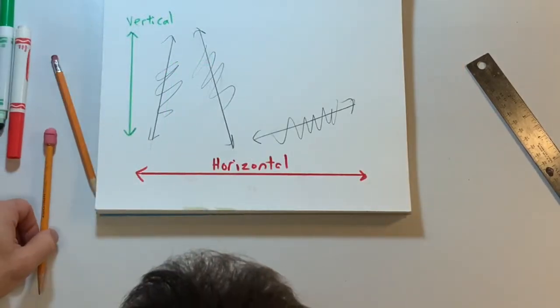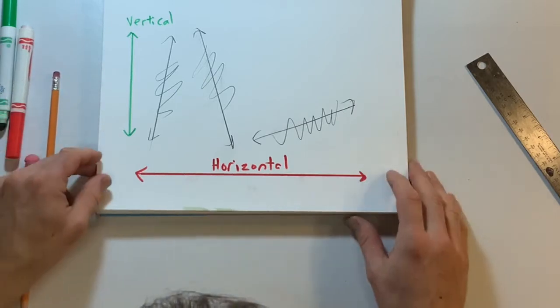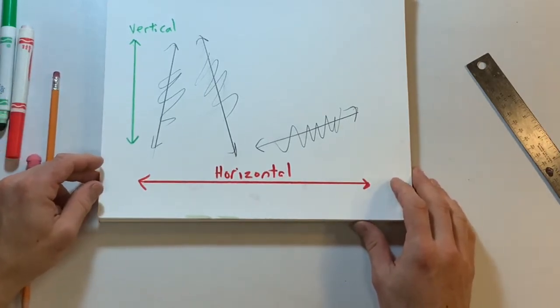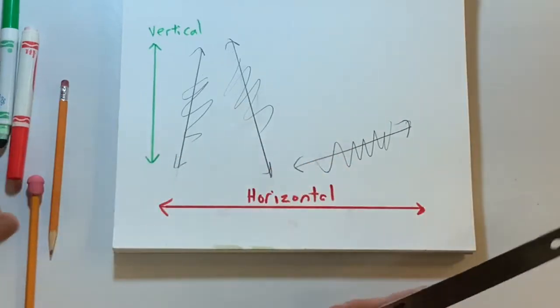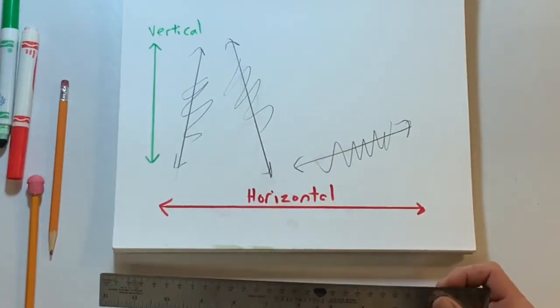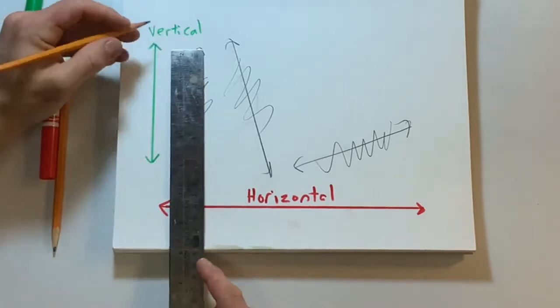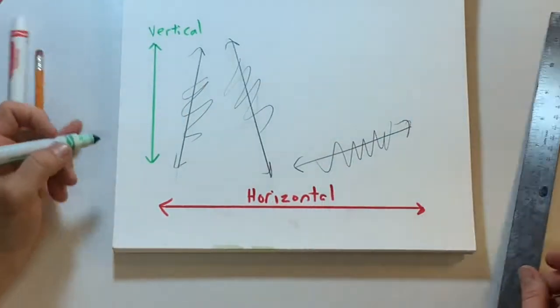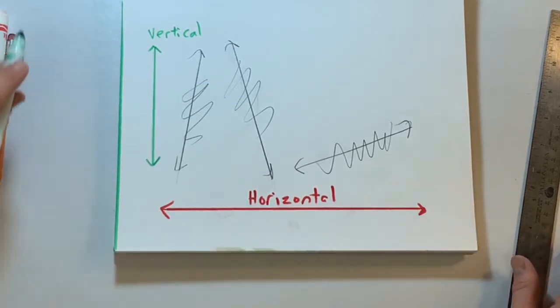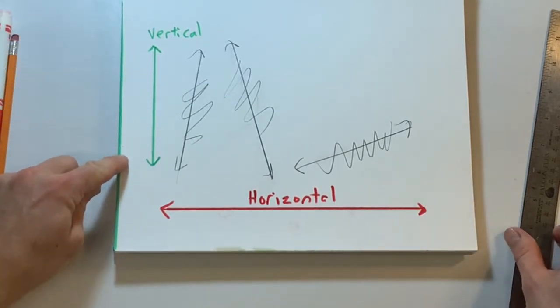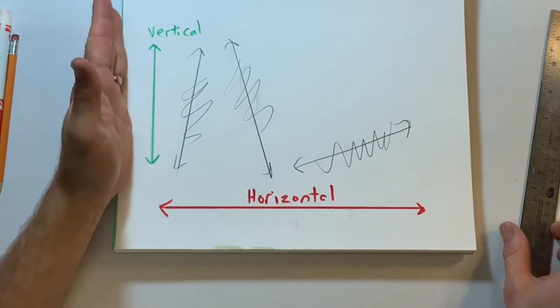I do have a trick to teach you on how can you tell if your line is perfectly vertical or perfectly horizontal. And the way I teach people this is by comparing their line to the very edge of the paper. The edge of the paper is always going to be perfectly straight up and down.